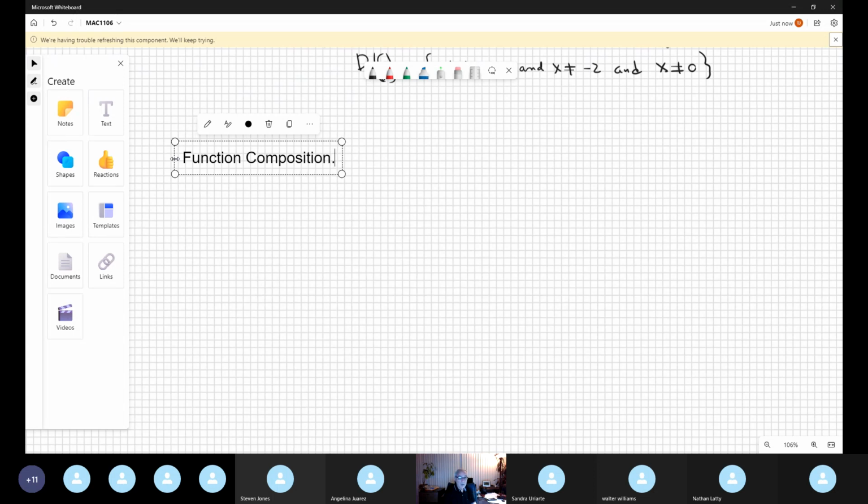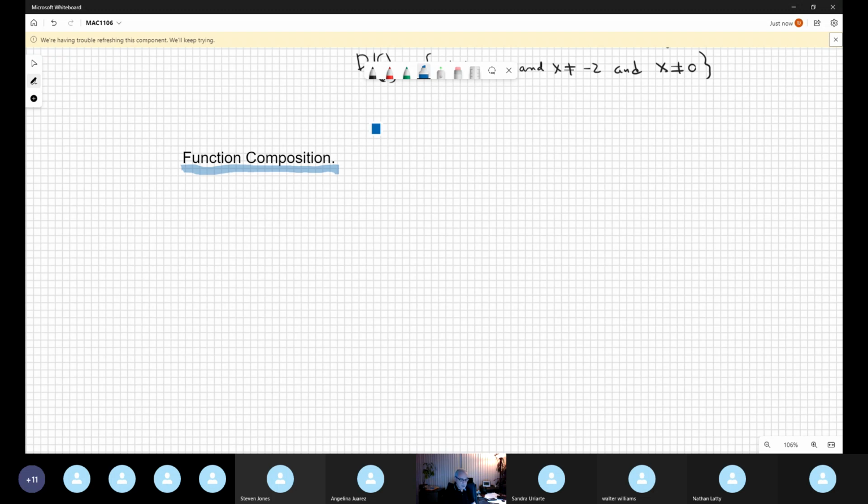Yes. Function composition. Guys, pay attention. This is important in calculus. And the symbolic way to indicate function composition. So you have two functions. Suppose another function, G.